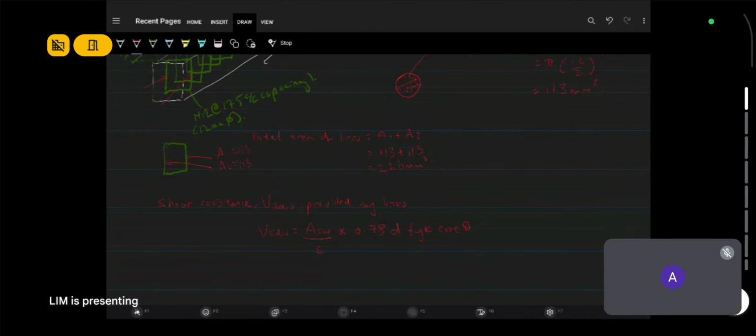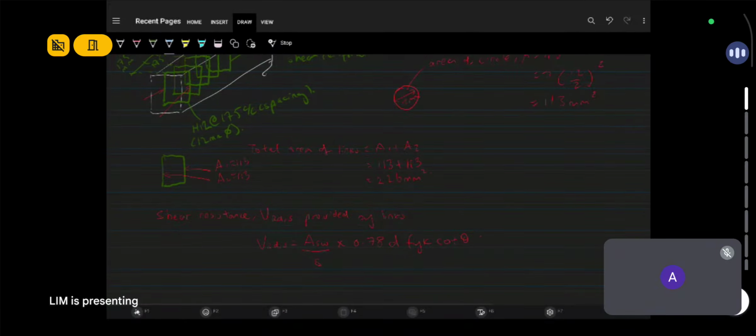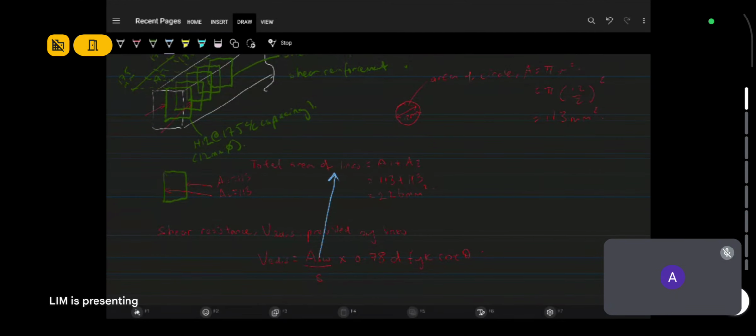ASW is the area of links. S is the spacing.